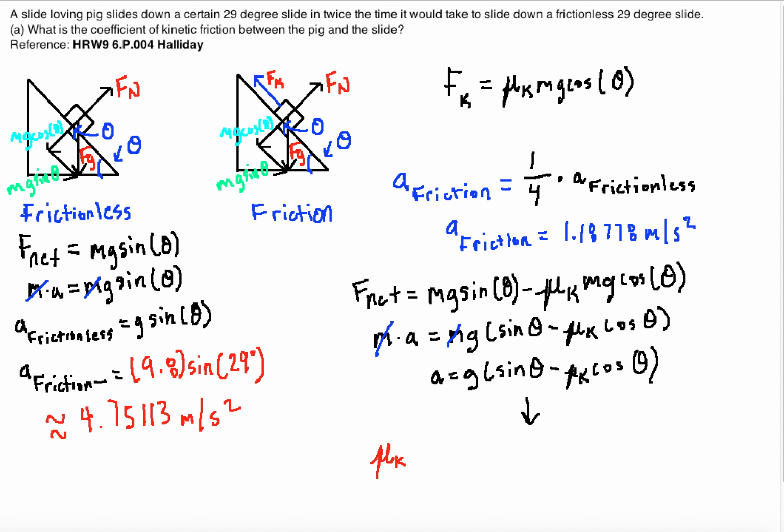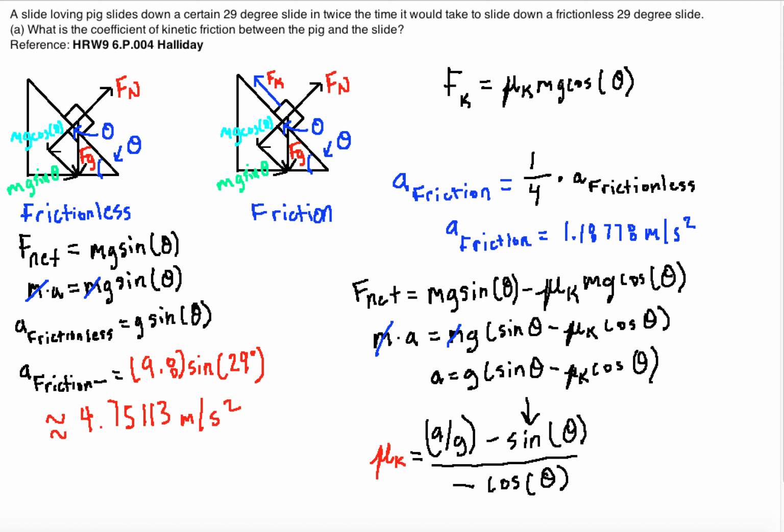is equal to the acceleration divided by gravity minus the sine of theta, divided by the negative cosine of theta.